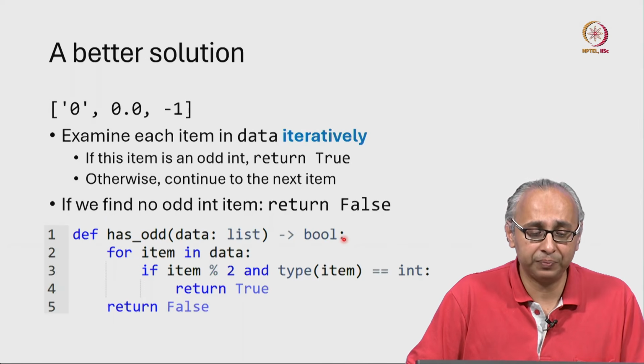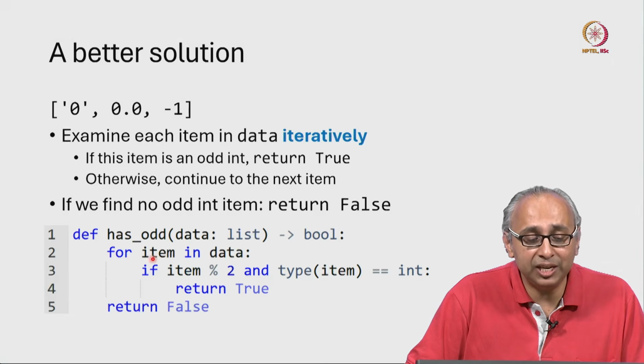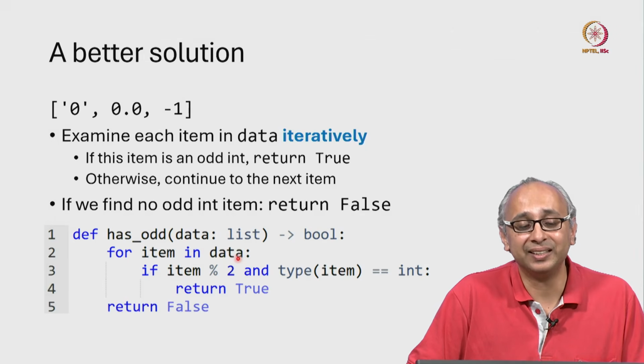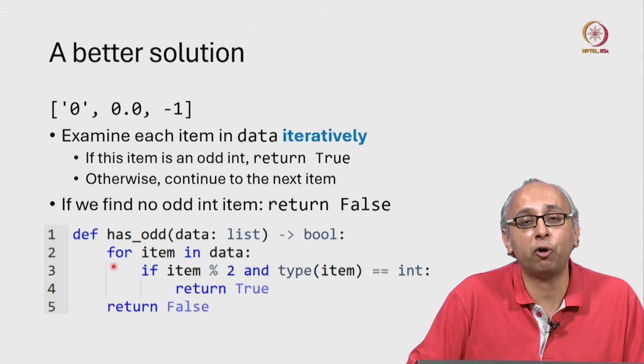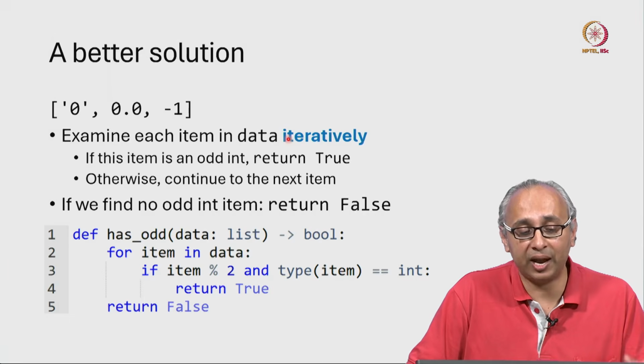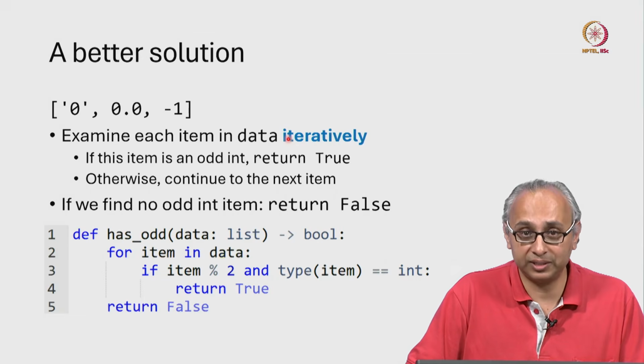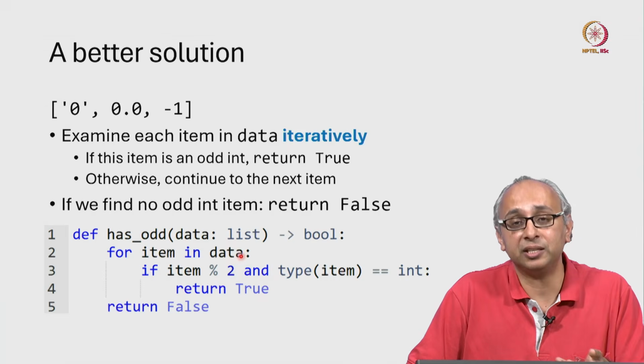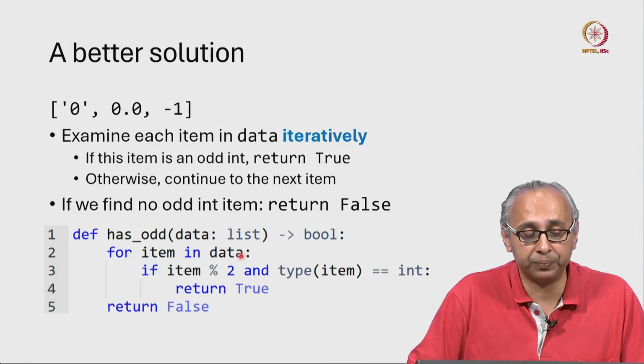How does it work? Well, it examines each item in data. This Python syntax, where we use the special word for and the special word in, achieves this. It examines each item in the given sequence, in this case this list data. It examines each item, and we call this iteration.